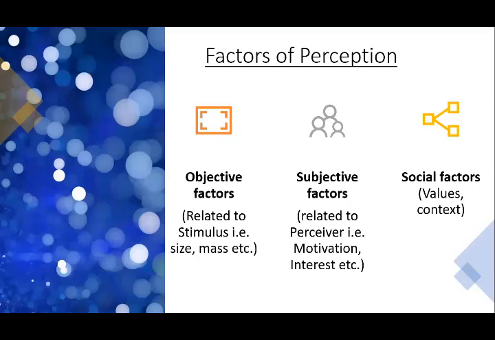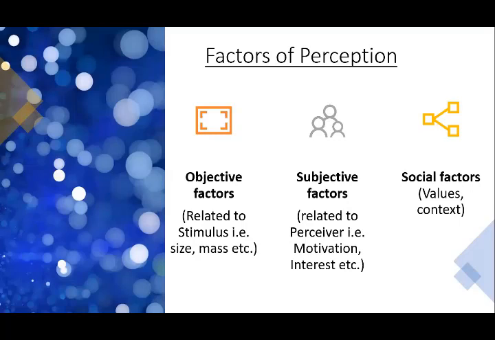One is the objective factors, those factors related to the stimuli, those that belong to the external stimuli from the environment. That is the size of the stimulus, the color, the mass, the volume of the stimulus.